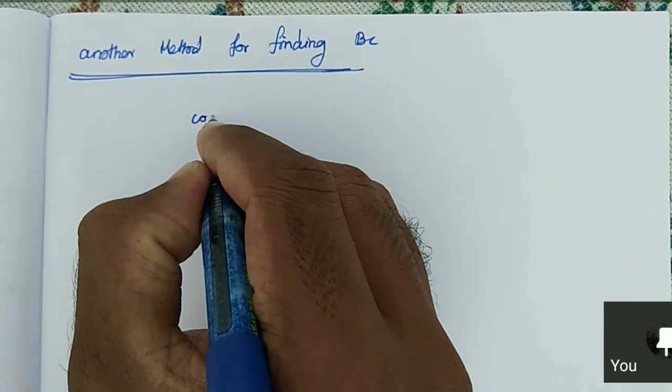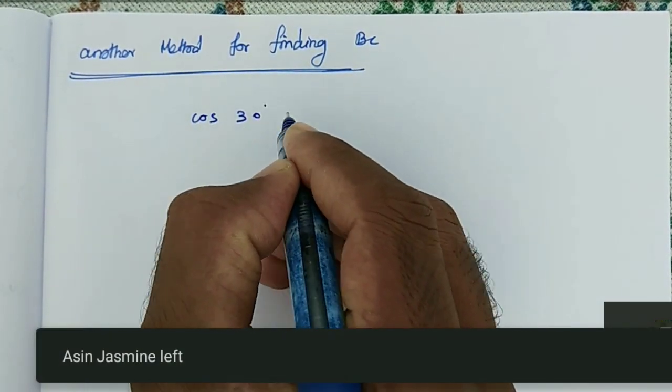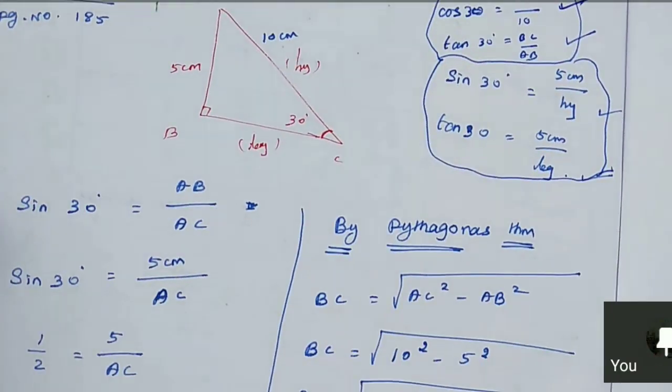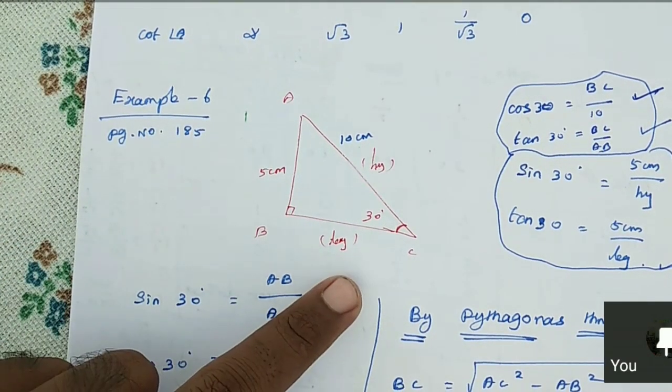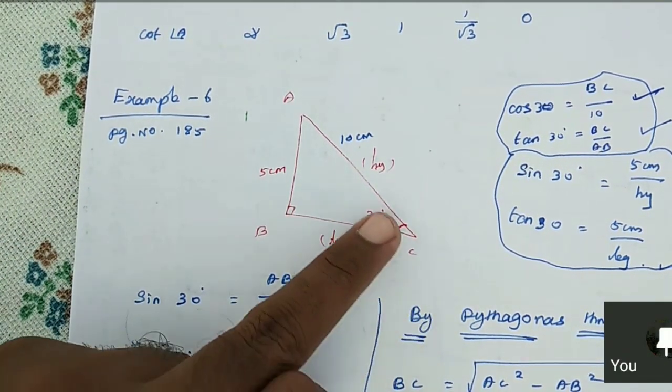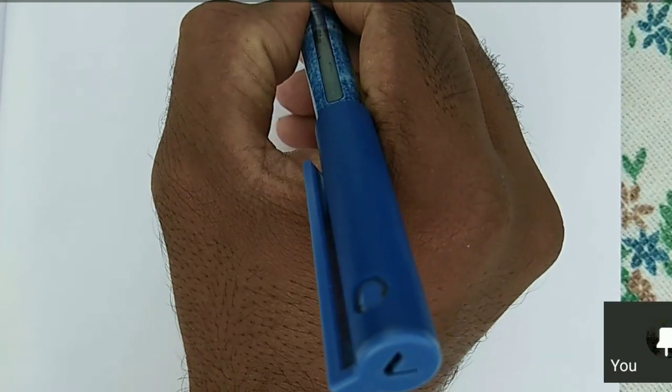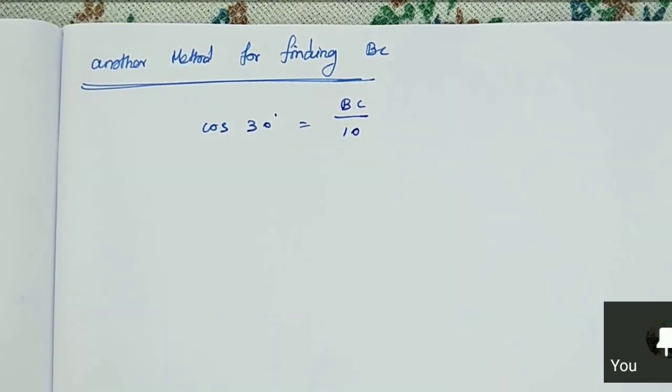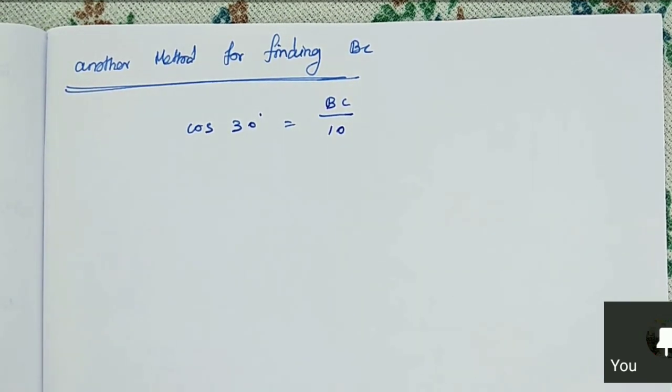Very good. So cos 30 degrees equals, now you can tell me what is cos 30 degrees in the diagram? BC by AC. So BC by AC, where we found AC as 10, right? So BC by 10.